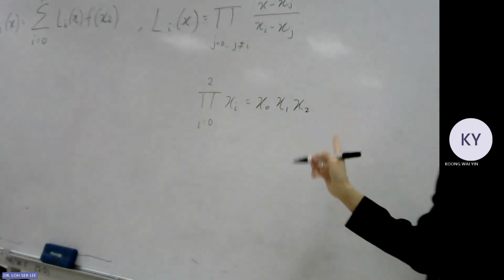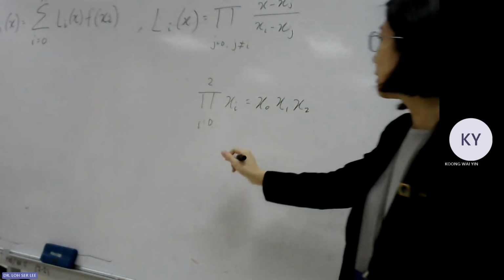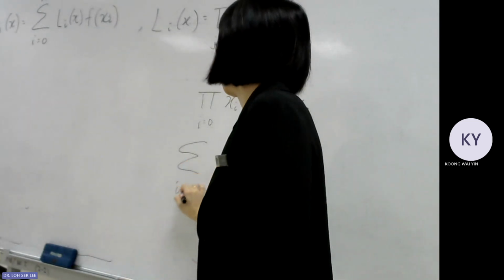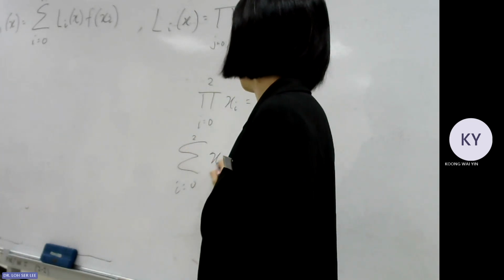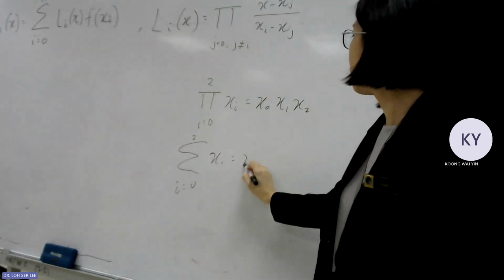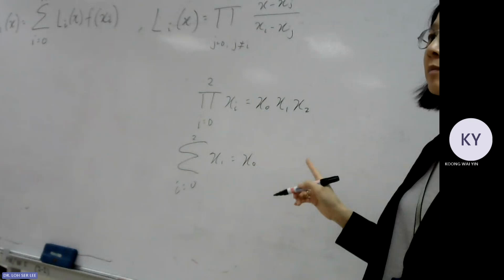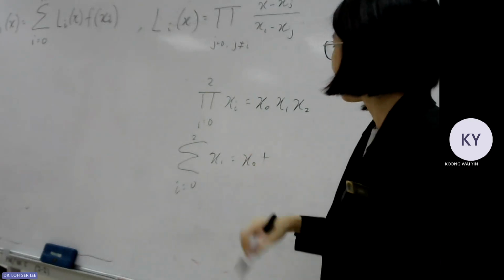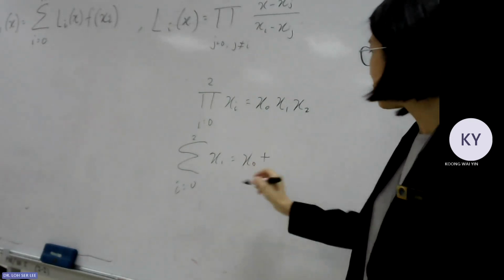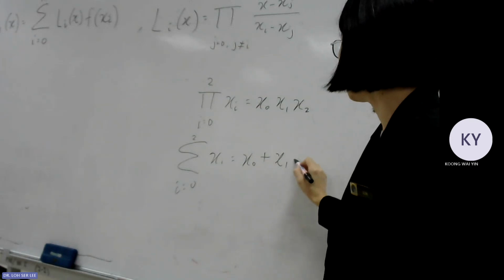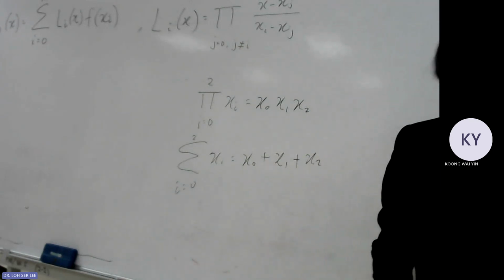When i is 2, then we stop. This is the big pi, the difference from the summation. For summation, the first is x0, next will be plus x1, plus x2.